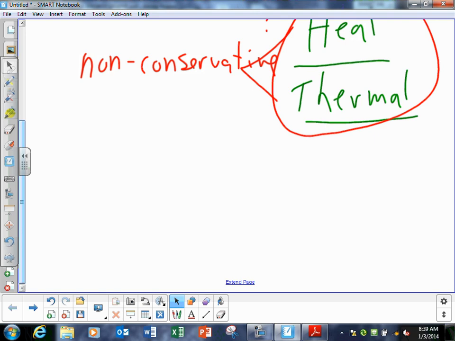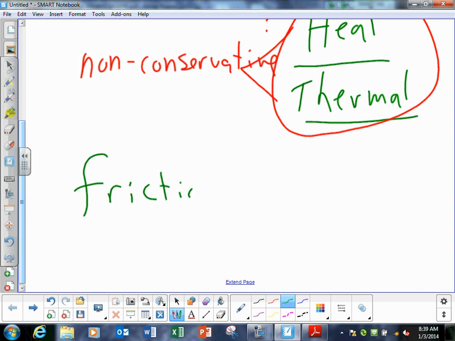Friction, which causes an increase in heat or thermal energy, and you can measure that by temperature. So we would say friction is a go-between. A friction force is a go-between that takes away from mechanical energy and adds to this thermal or heat energy. So this is definitely non-conservative.